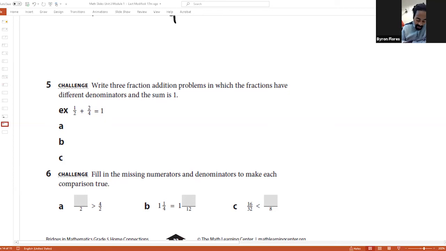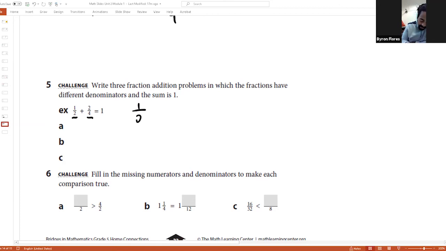For problem number 5, it's asking us to write 3 fraction addition problems in which the fractions have different denominators and the sum is 1. So all you have to do is write fraction problems with different denominators. Here you see a 2 and a 4, and then figure out how you can get those fractions to equal 1.